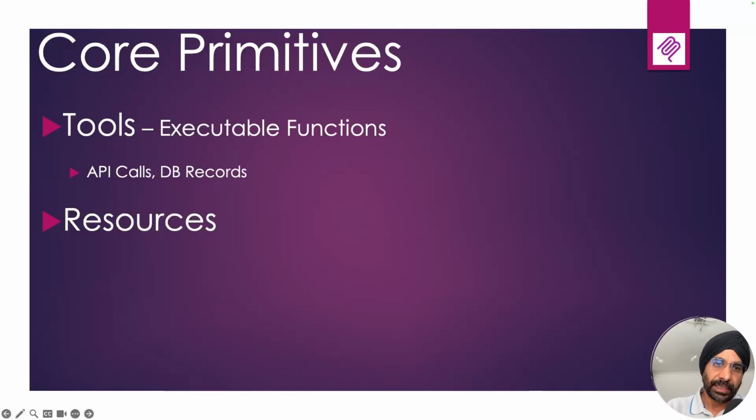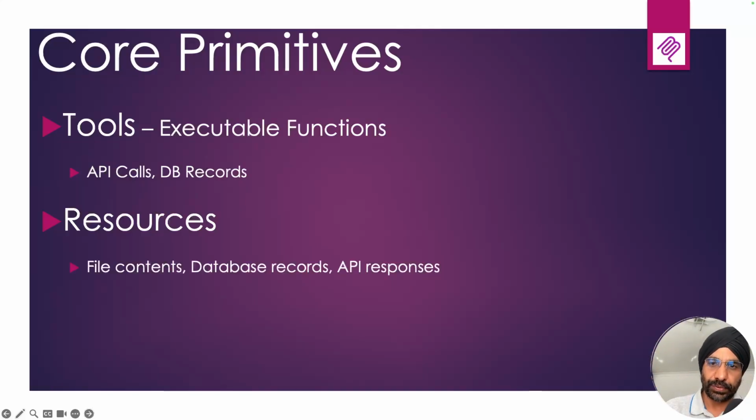When you want to fetch something from the database, or you want to make API calls, you can publish them as MCP tools. Your client then will be able to execute those tools to have some sort of side effect at the server. When I say side effect, it means grabbing some data, or maybe updating some database records. Just remember, tools can have side effects on the server side. That is the most important thing to remember.